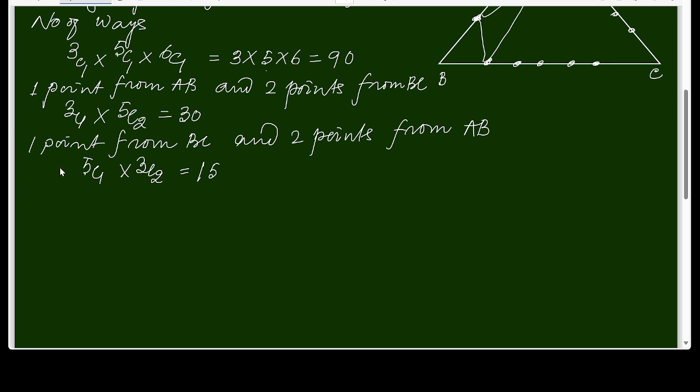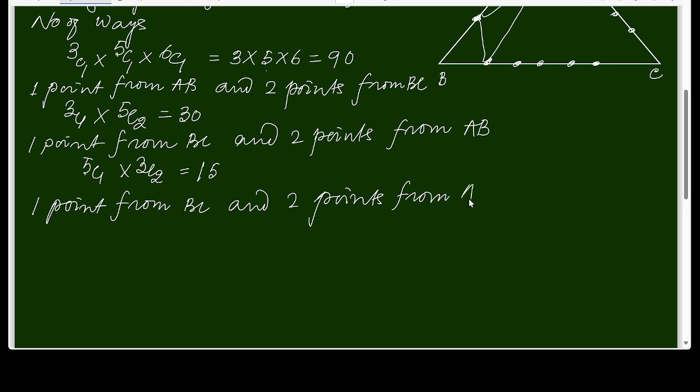Next, in the same way, we can take 1 point from BC and 2 points from AC. It will be 5C1 into 6C2. That will be your 5C1 is 5, 6C2 will be 15, so 75.